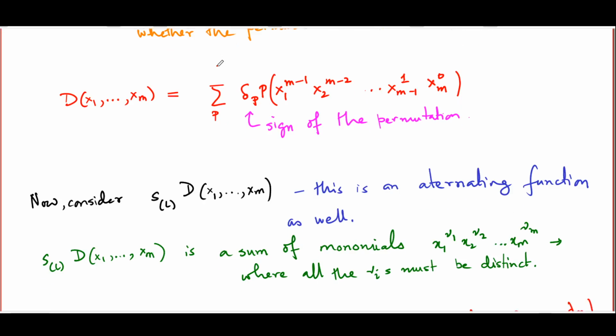Now, let me point out that in D, if you take any one of the terms and add up all the powers of x's, you are going to get the sum of the integers 0, 1, 2, all the way up to m minus 1, and that is m into m minus 1 by 2. Now, if you did the same thing with S_L times D, you are going to get an additional power of n coming from the S_L.